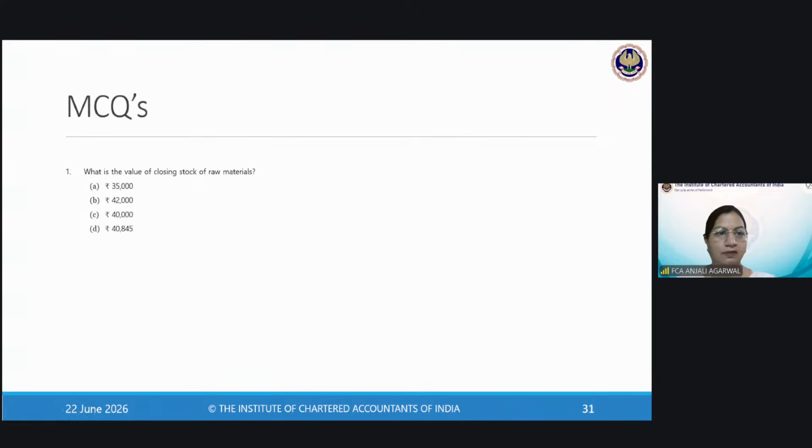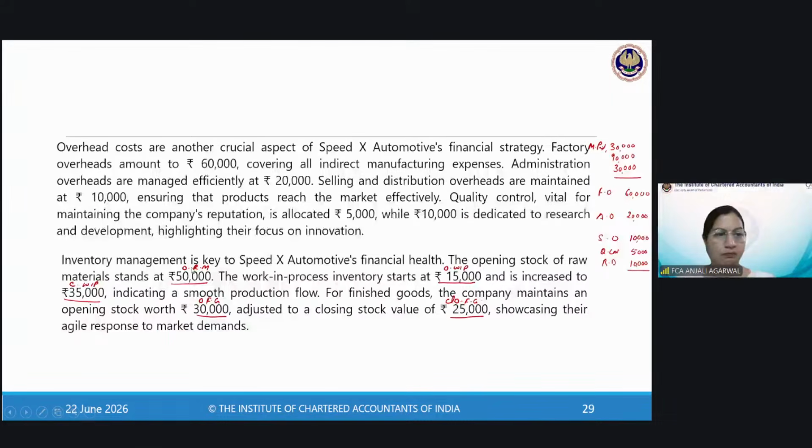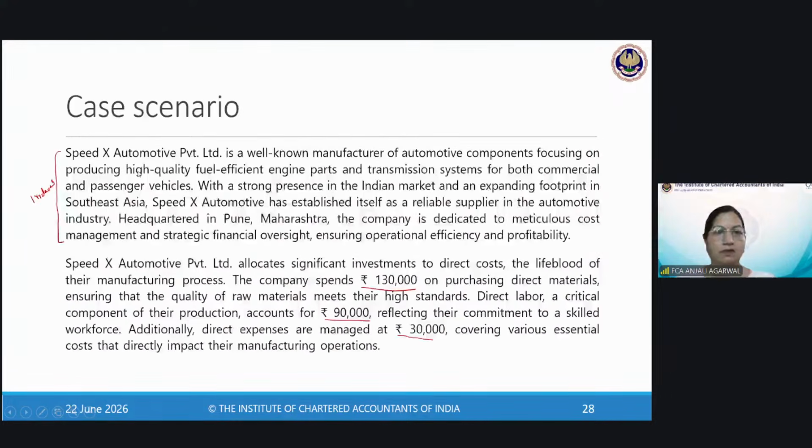All right, fine. So we have all the information here. Company spends 130 on purchasing direct raw material. Labor is 190 and additional direct expenses are 30.